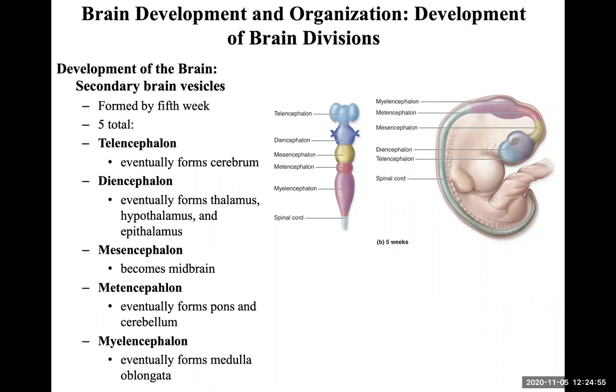The diencephalon becomes the thalamus, the hypothalamus, and the epithalamus. The mesencephalon becomes the midbrain. The metencephalon becomes the pons and the cerebellum. And the myelencephalon becomes the medulla oblongata. This is also material that lends itself really well to flashcards.